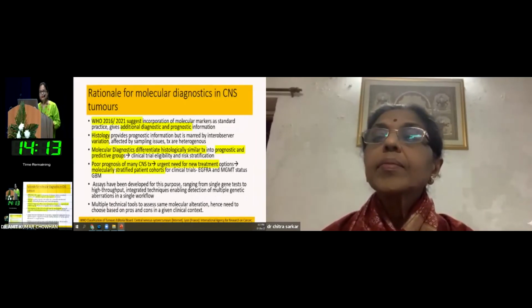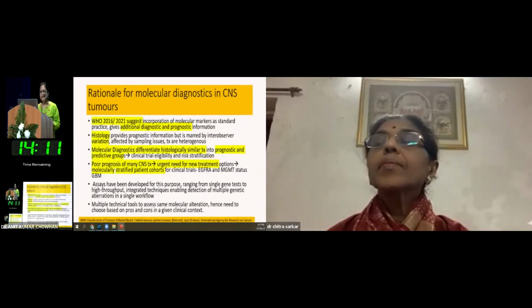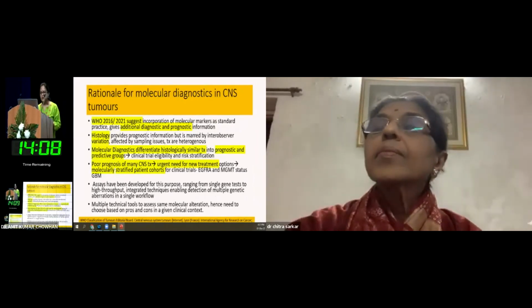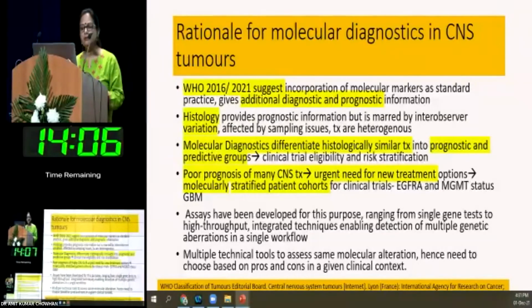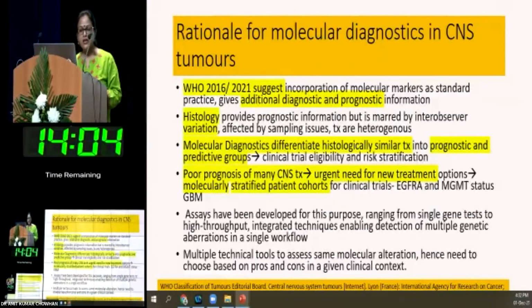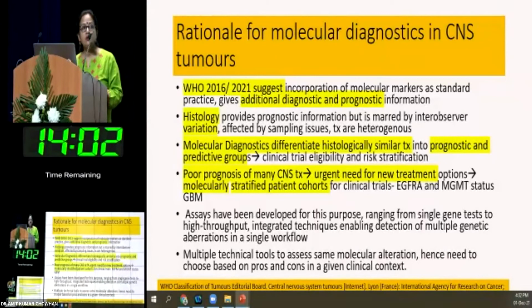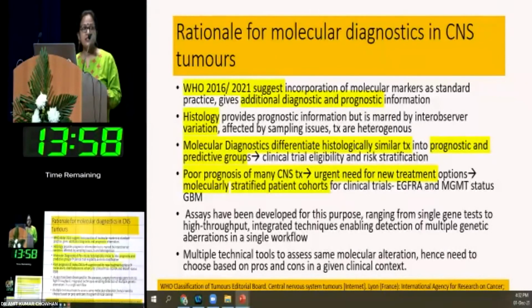So WHO 2016 and 2021 have suggested incorporation of molecular markers because they give additional diagnostic and prognostic information, which histology cannot. Histology is marked by inter-observer variation, and molecular diagnostics, on the other hand, can also differentiate histologically similar tumors into prognostic and predictive groups, which is important to molecularly stratify patient cohorts for trials.